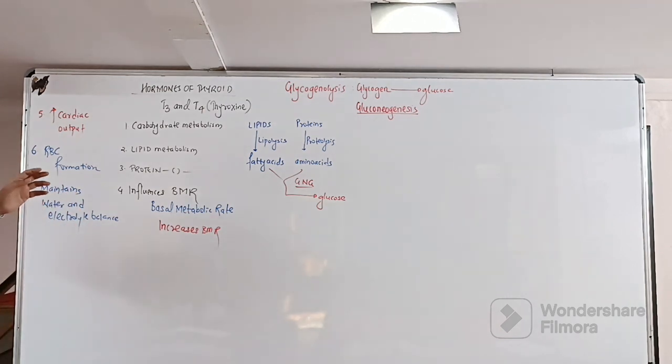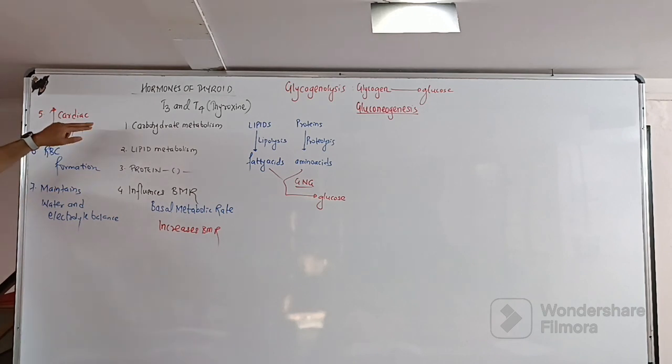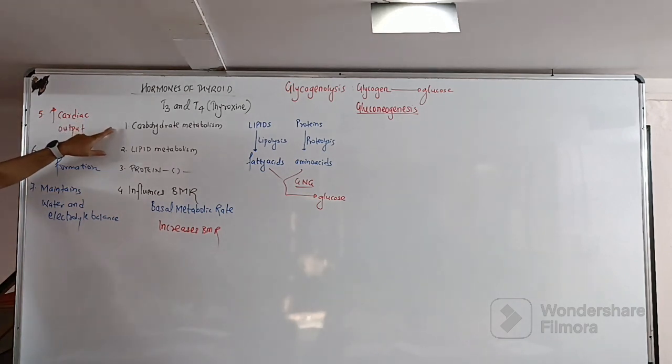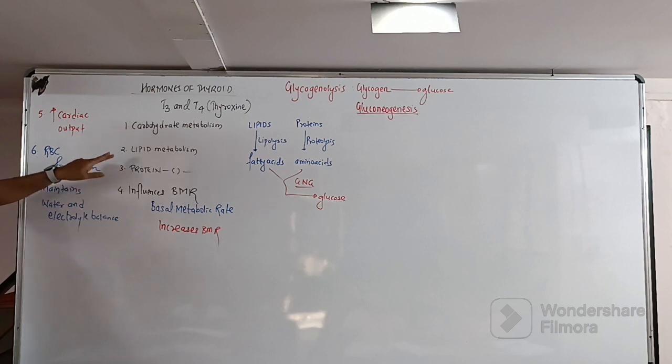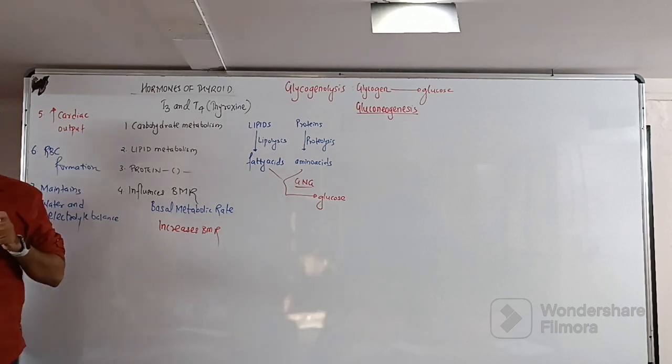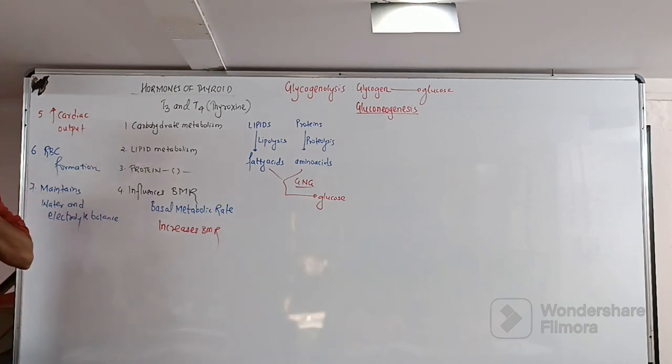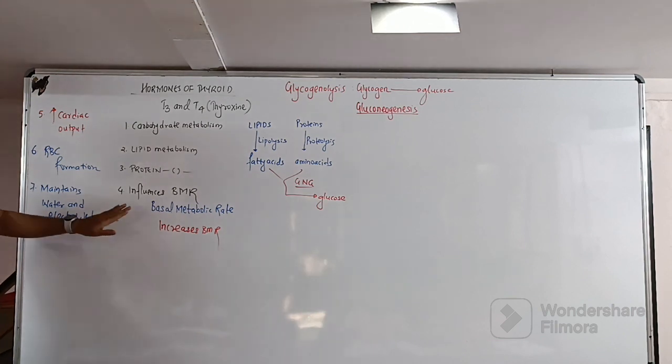And what the NCERT has mentioned are these functions. Did you understand them? Carbohydrate metabolism, lipid metabolism, protein metabolism. You understood the meaning of the word gluconeogenesis? What is the meaning of gluconeogenesis? Formation of glucose from non-carbohydrates. What does it do to the basal metabolic rate?